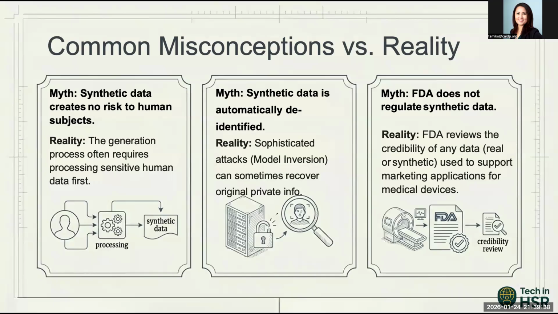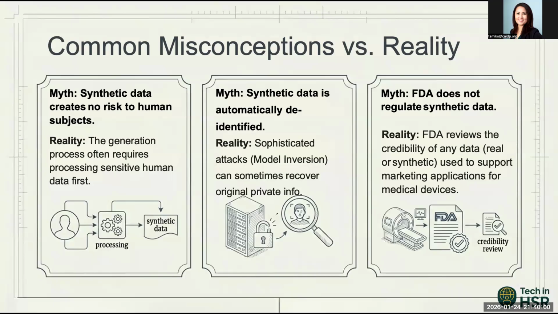And then, last but not least, is that AI research never involves human subjects, and so FDA and IRB is not involved. Obviously, as we've seen, FDA reviews the credibility of any data, whether that be real or synthetic. And they also realize that synthetic data is not going to be reliable for testing safety and effectiveness in the real world.